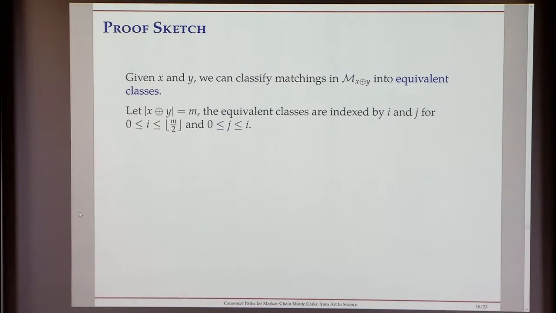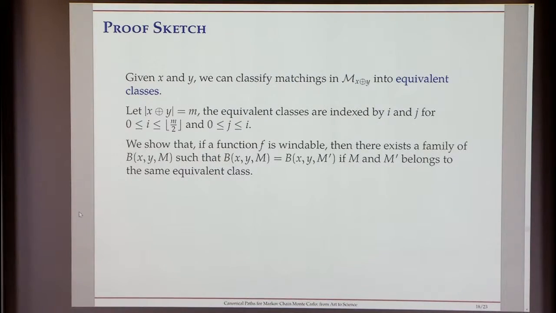Suppose the Hamming weight of x or y is m, then each equivalence class can be indexed by some i and j. And we show that if a function f is windable, then there exists a family of these b values such that for m and m prime in the same equivalence class, these two values are the same.